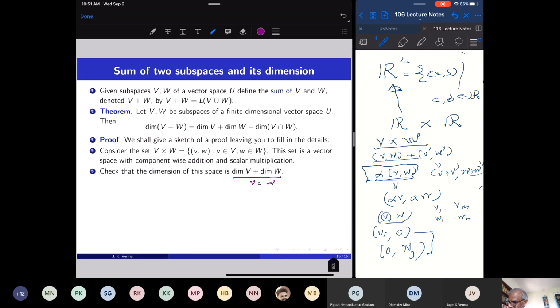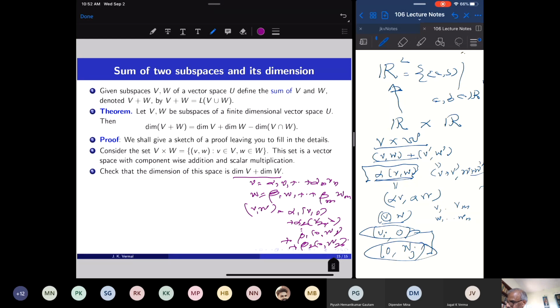Because suppose I write v as alpha 1 v1 plus up to alpha m vm, and then w as beta 1 w1 plus up to beta n wn, then (v, w) will be alpha 1 (v1, 0) plus alpha 2 (v2, 0), etc. And then to get the other vectors, I put beta 1 (0, w1) plus beta 2 (0, w2), etc. So that says that these vectors (vi, 0) and (0, wj) have linear span V cross W, and they are linearly independent.